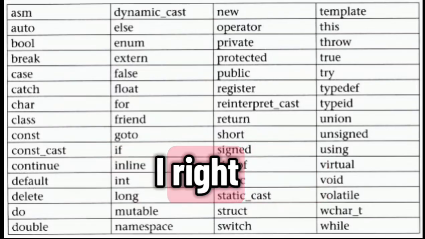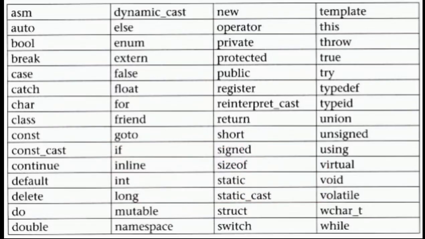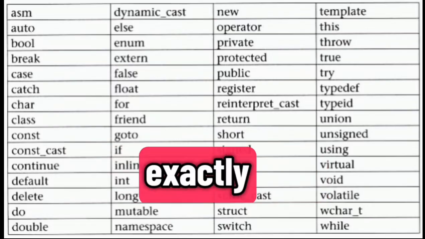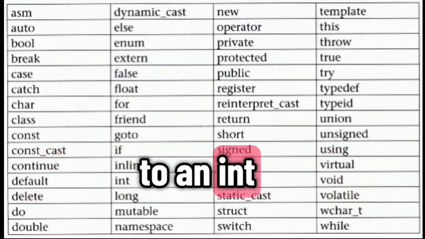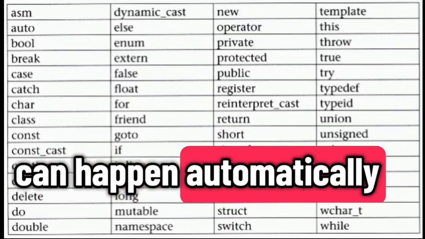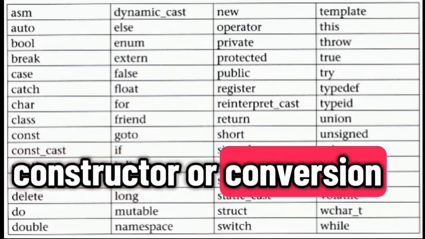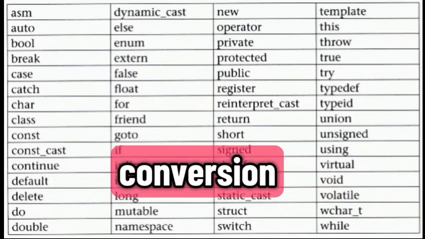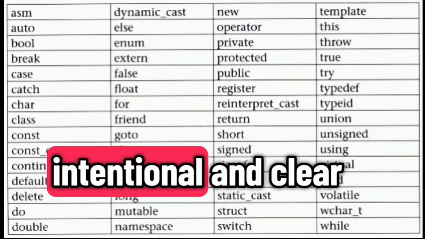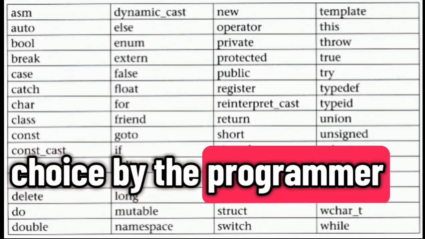Am I right? Exactly. Implicit conversions, like converting a double to an int, can happen automatically. But if a constructor or conversion operator is marked explicit, it stops automatic conversion, making it an intentional and clear choice by the programmer. Okay, thank you.